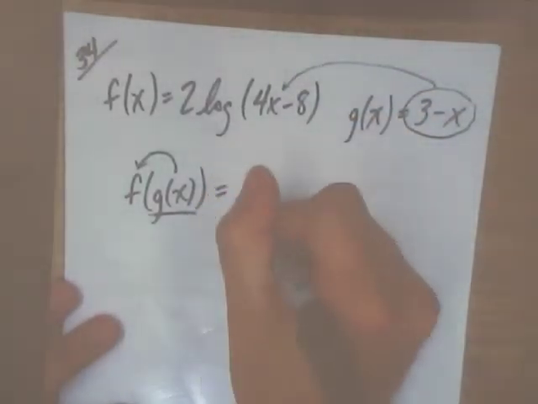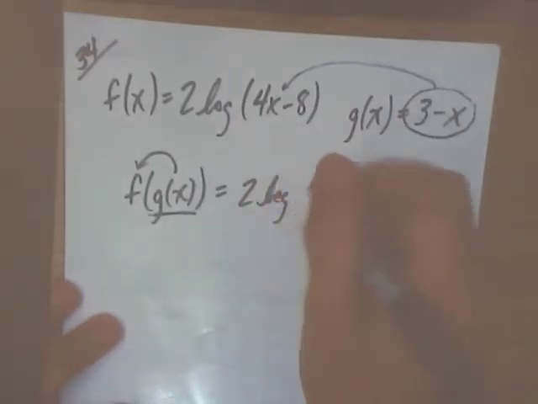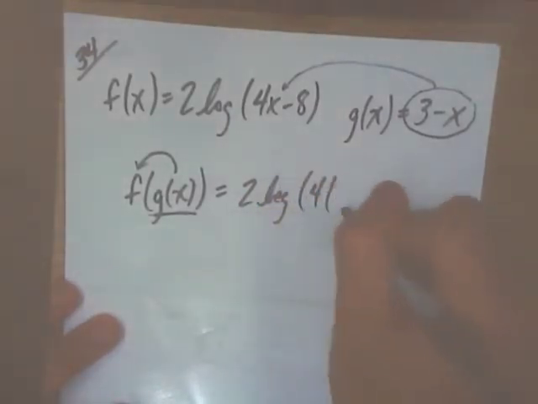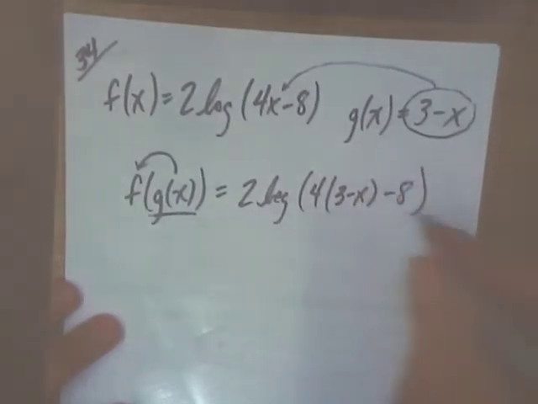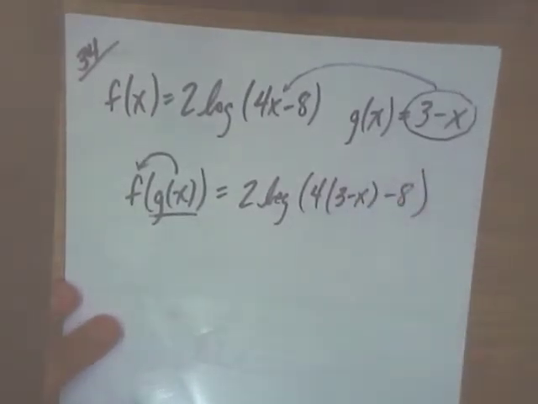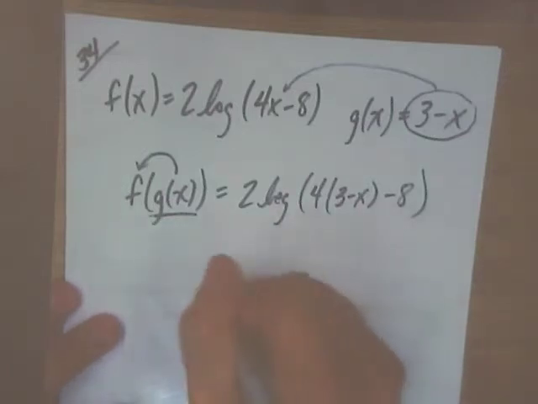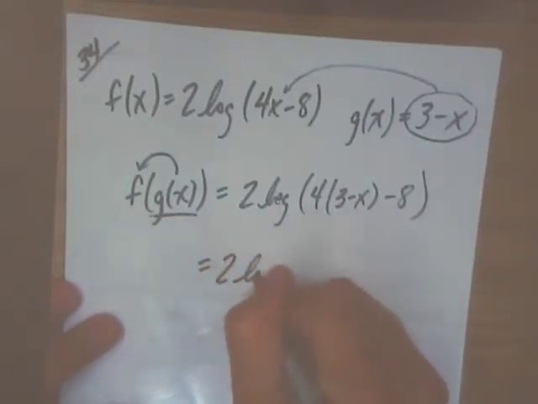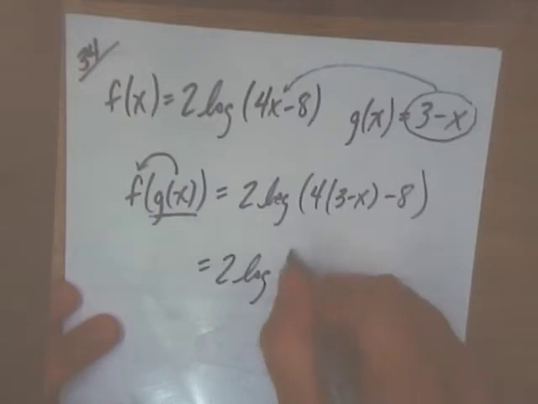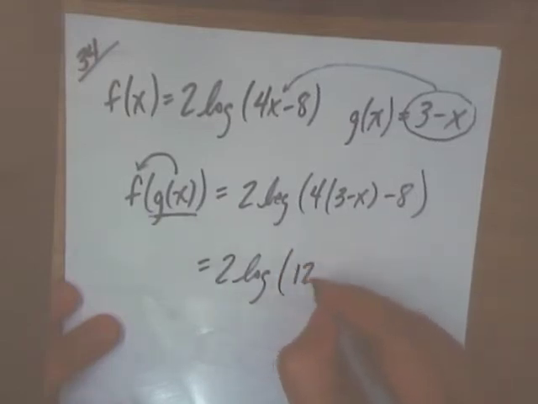So it's just going to be 2 log 4 times 3 minus x minus 8. And then I'll simplify it a little bit. 2 log, what would that be, 12 minus 4x minus 8.